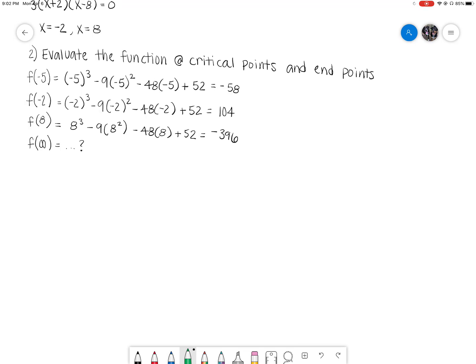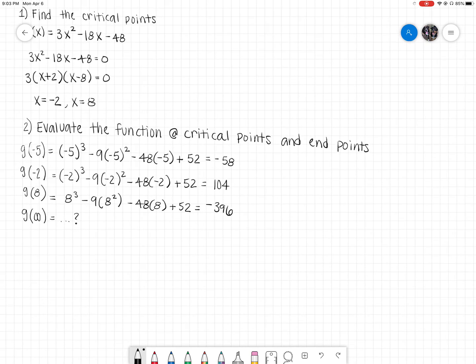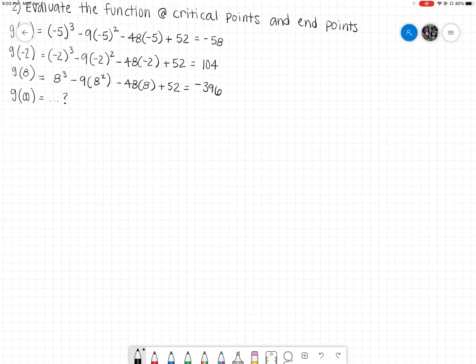Or I guess G, actually, I've been putting F's this whole time, but our function was G of x. Habit. Fix those. So G, G, G and G, in case you're wondering where the F came from. It was supposed to be a G.